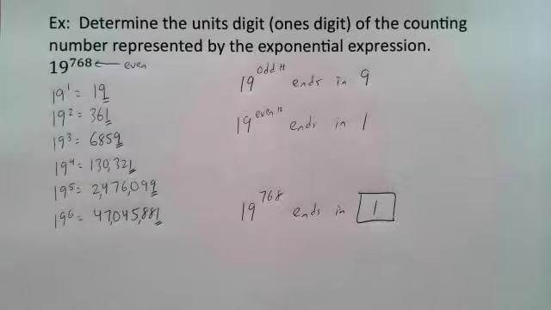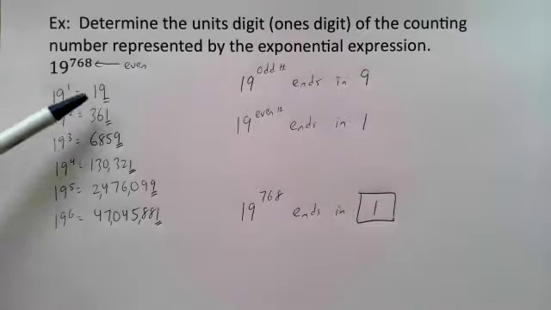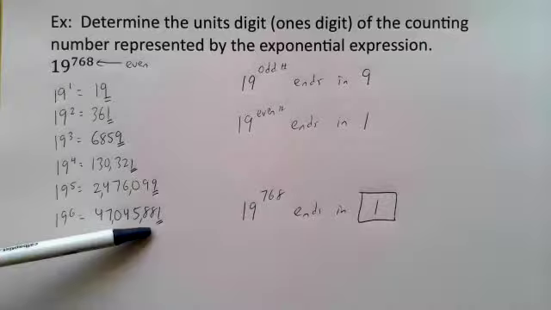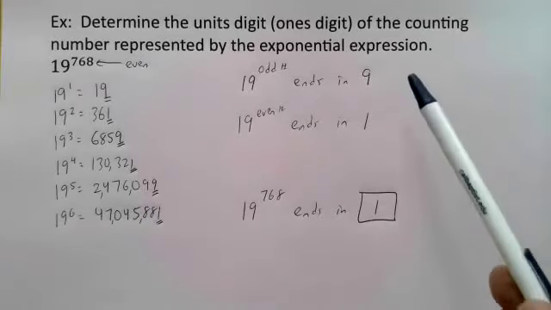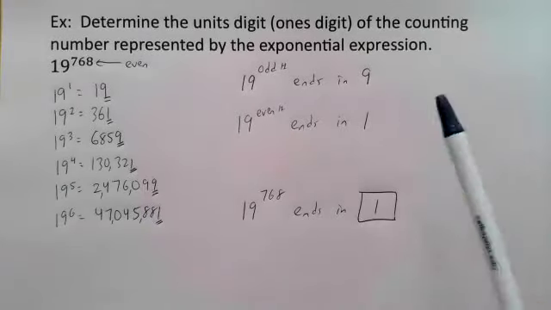So looking at patterns helps us do something that we can't even do. Our calculator can't even do that. If we tried to sit there and actually multiply by hand 19 times 19 times 19 times 19 that many times, that would take forever. But we're pretty sure, based off of what seems to be happening with patterns, that it's always going to end in either a 9 or a 1.